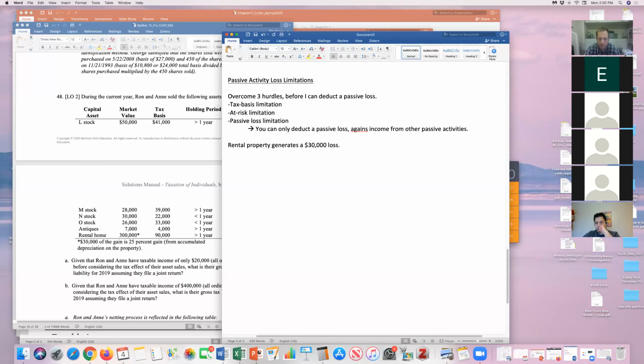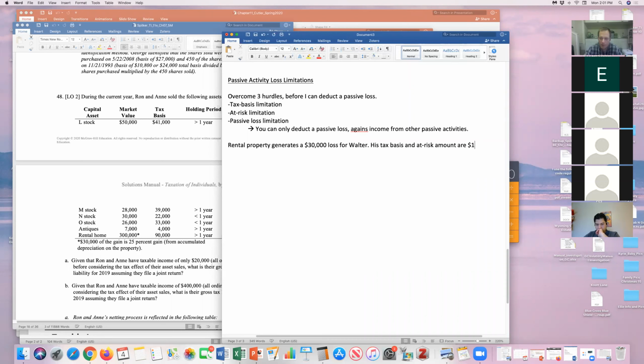We're told that for Walter, his tax basis and at-risk amount are both 12,000.